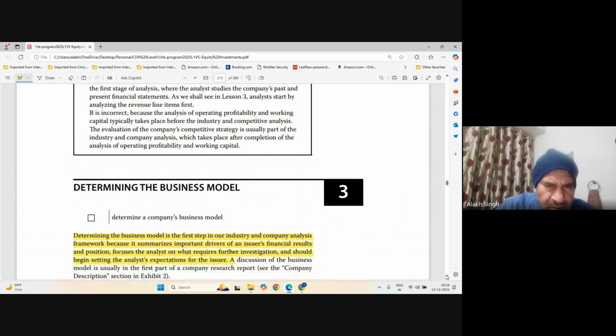Okay, so determining the business model. How do we determine the business model? There are four or five questions that determine the business model of the company. Means what the company is producing, what the other products are, how many products it is producing. It is not single, but it can be multiple products, multiple lines of business. Like even for banks, they accept deposits and give loans. So giving loans is one product.